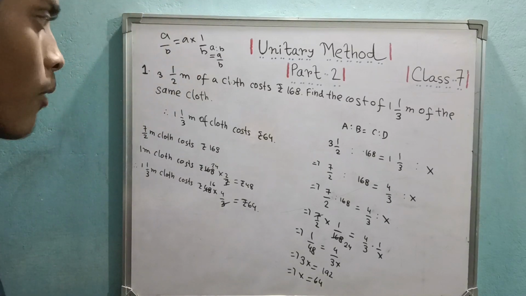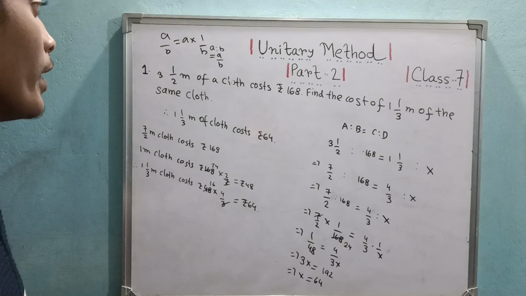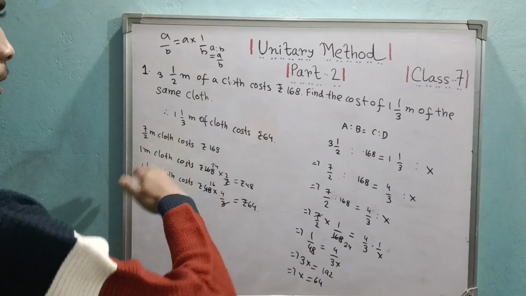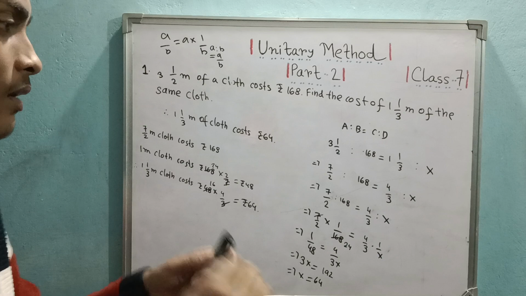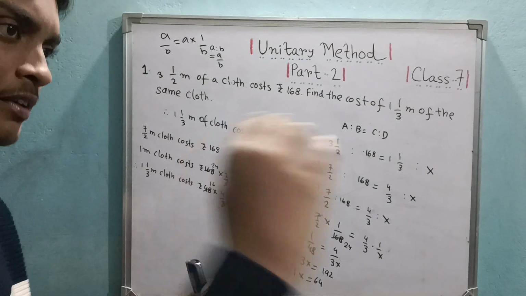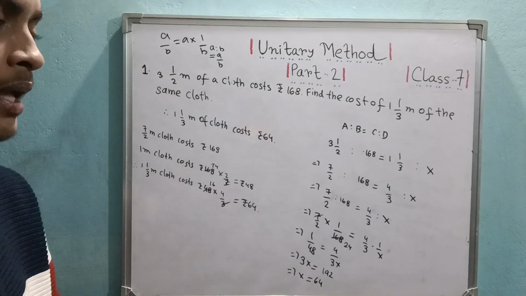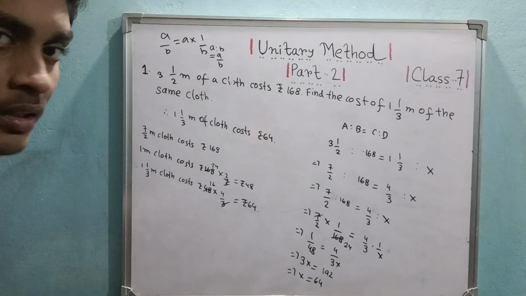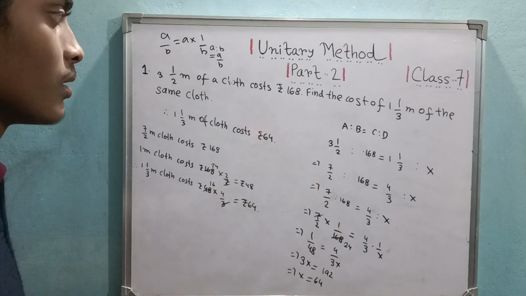So you understand the proportion method, how it works. Whenever for your item the quantity is increasing, means when the item is increasing and the quantity is also increasing, or when the item is decreasing and the quantity is also decreasing, you can use a proportion method.